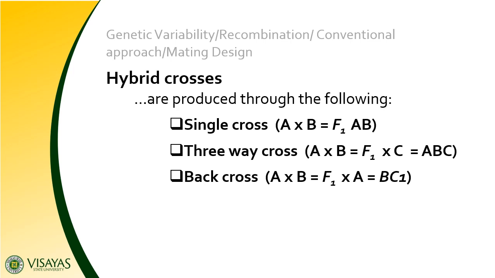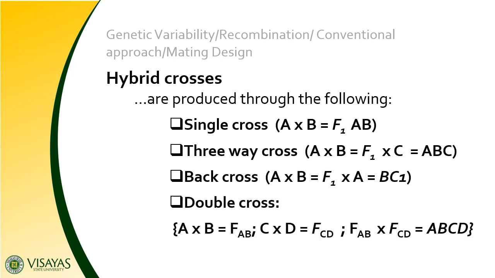Then you have also a back cross. In back cross, you have parents A and B crossed together to produce F1, and then one of the parents will be crossed back to the F1. In this case, parent A is crossed back to the F1. So now you have BC1 or back cross 1.